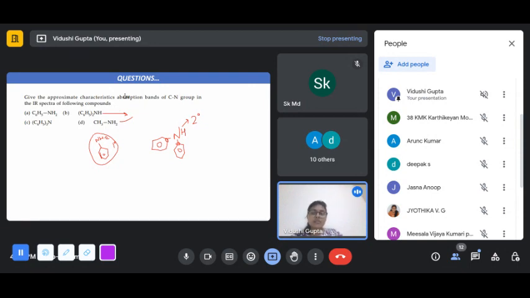So first tell me about this, phenyl amine or aniline. What will be the value of the CN band?